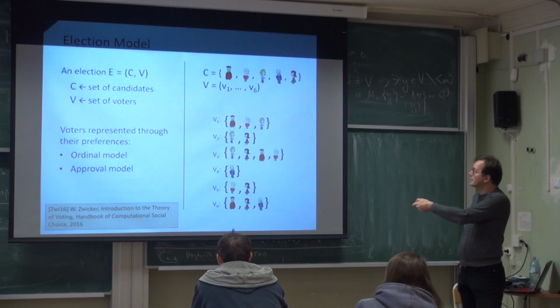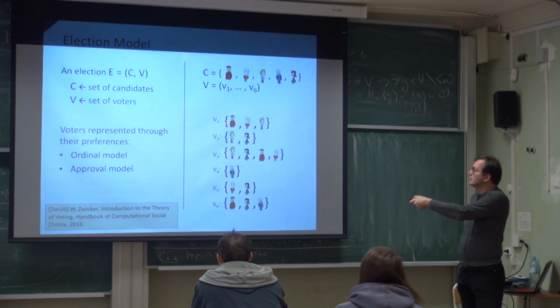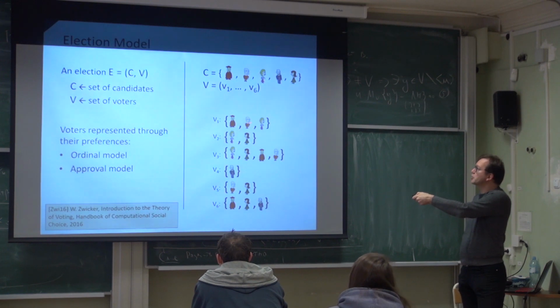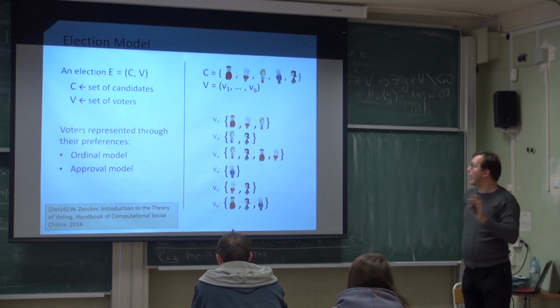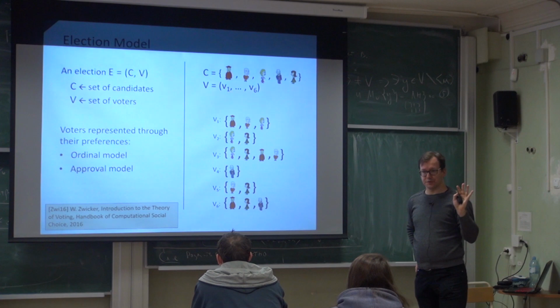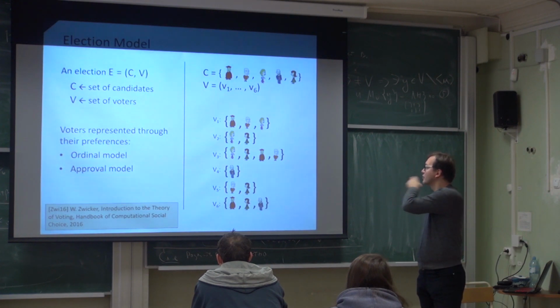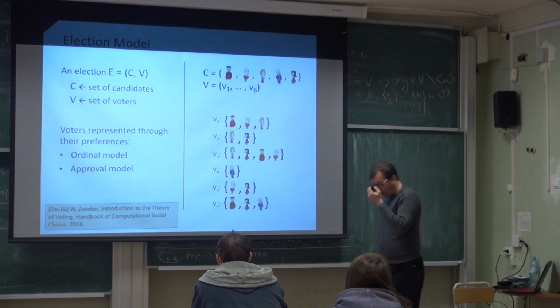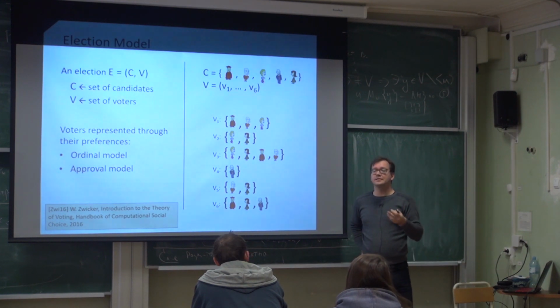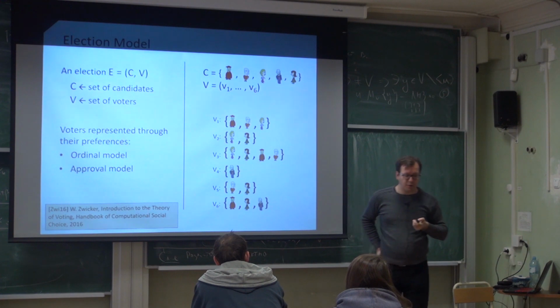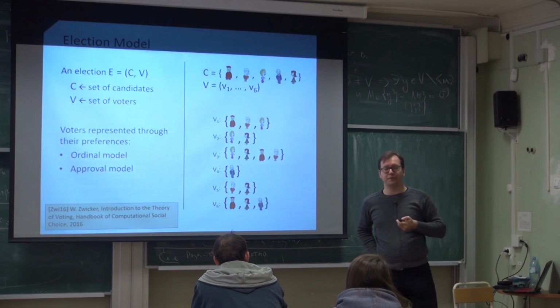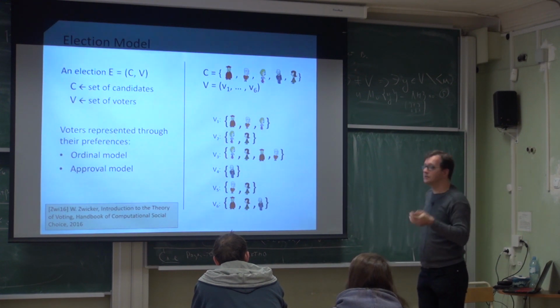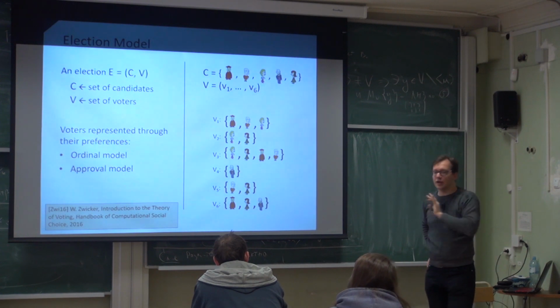And this time, as I mentioned last time, we're simply saying, so voter one thinks red is okay, orange is okay, pink is okay. Everyone else is bad for this voter. And here again, pink and green and similar. So on one hand, the ordinal model didn't allow you to express somehow the strength of your preference. So you couldn't just say that you like someone and not others.